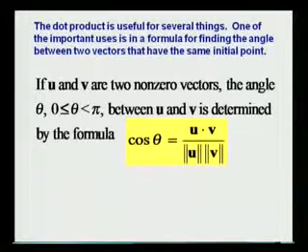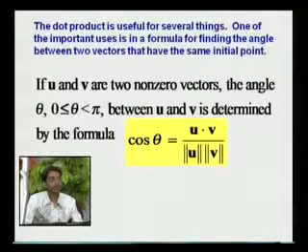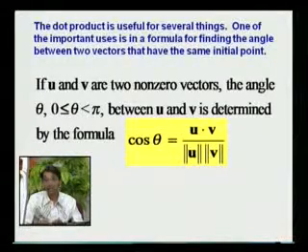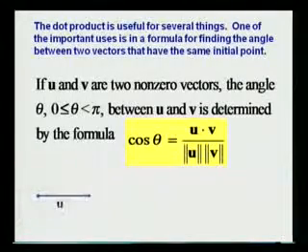If u and v are two non-zero vectors, and the angle between u and v is theta, then geometrically cos theta is equal to u dot v upon modulus of u into modulus of v. So from this formula we can find the angle between u and v using u dot v and the modulus of u and modulus of v.